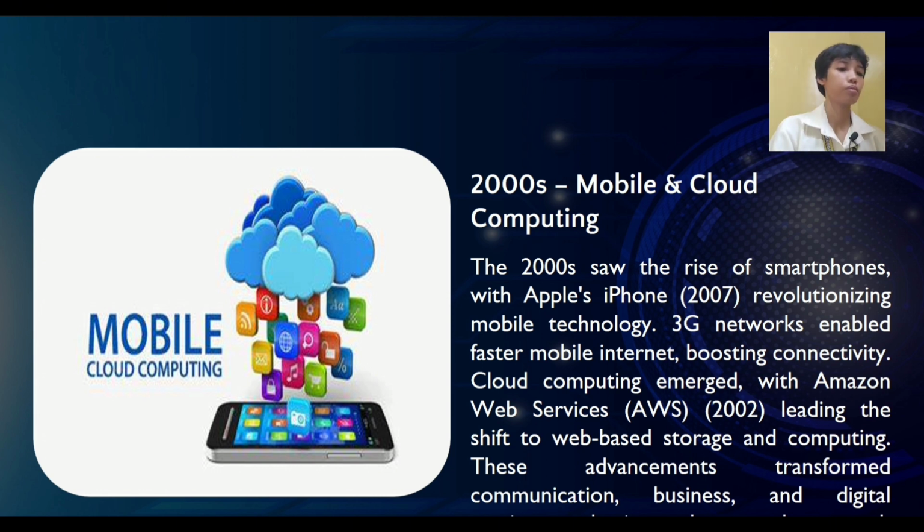So this time there was already the invention of smartphones. Smartphones are already called mini computers. Cloud computing emerged with Amazon Web Services, or AWS, in 2002, leading the shift to web-based storage and computing. This advancement transformed communication, businesses, and digital services, shaping the modern tech.